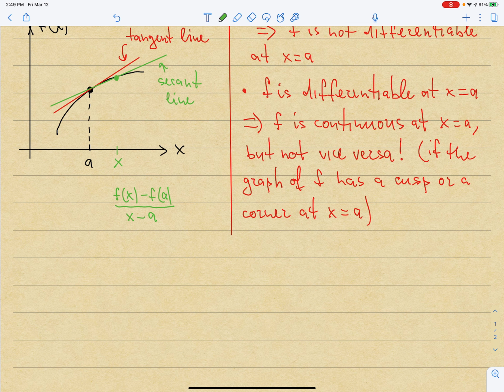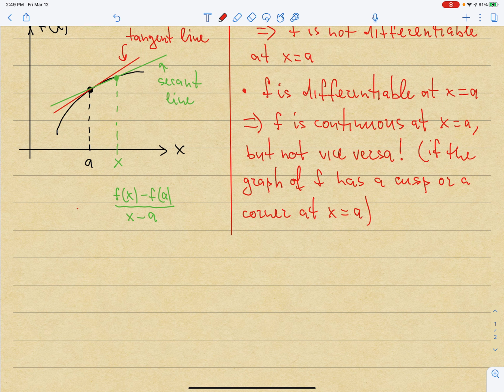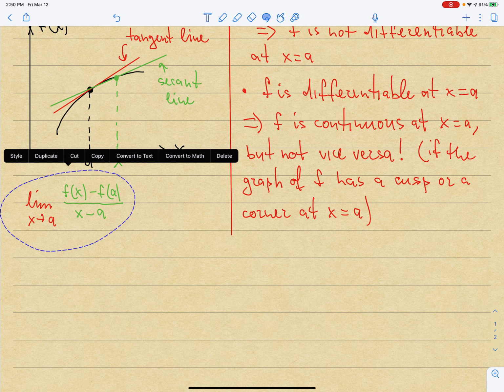And we say that the slope of a tangent line you're going to obtain by making a secant line as close as possible to a tangent line. How do you make them close to one another? You take the point x and you move it closer and closer to a. So what you do is you take a limit of the slope of a secant line as x goes to a, and what you get then is the slope of a tangent line.